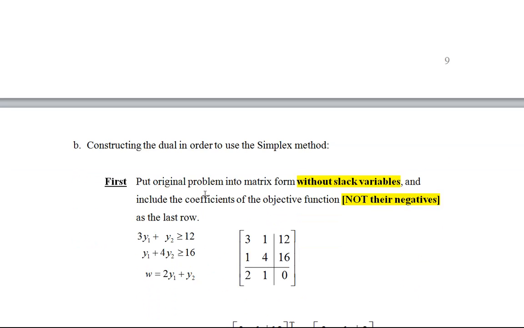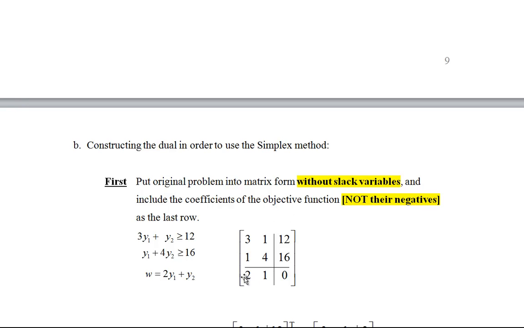First step, put the original problem into matrix form. No slack variables. You also include the coefficients of the objective function, not their negatives. This is sort of different. Now we're using this so that we can use the transpose. So really, I just take the coefficients that I see and plop them in the matrix as is. So this is y1, y2.